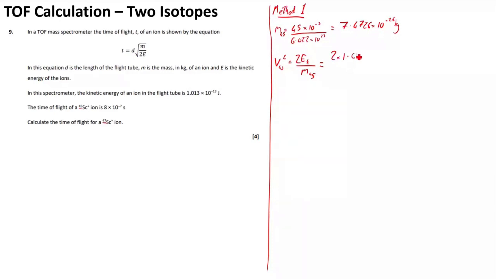So they've given us the energy in the question, and you've already worked out the mass. And then V squared equals... I want to square root that, so we get just V45, the velocity of 45.